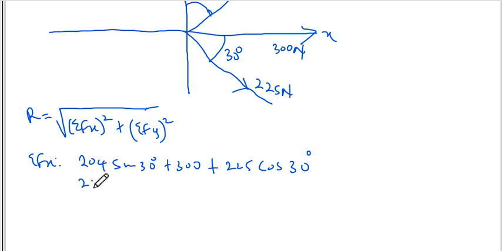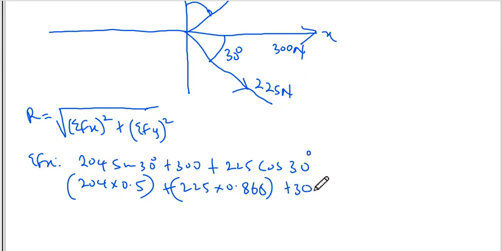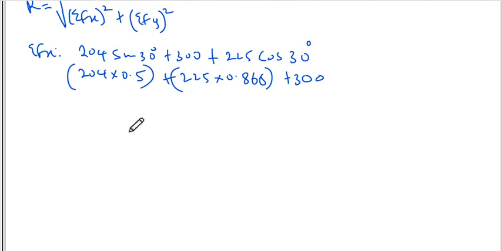So this becomes 204 times 0.5, because sine 30 is 0.5, plus 225 times 0.8660, which is cos 30, then plus 300. 204 multiplied by 0.5 gives us 102, plus 225 multiplied by 0.8660, that's 194.85, plus 300.